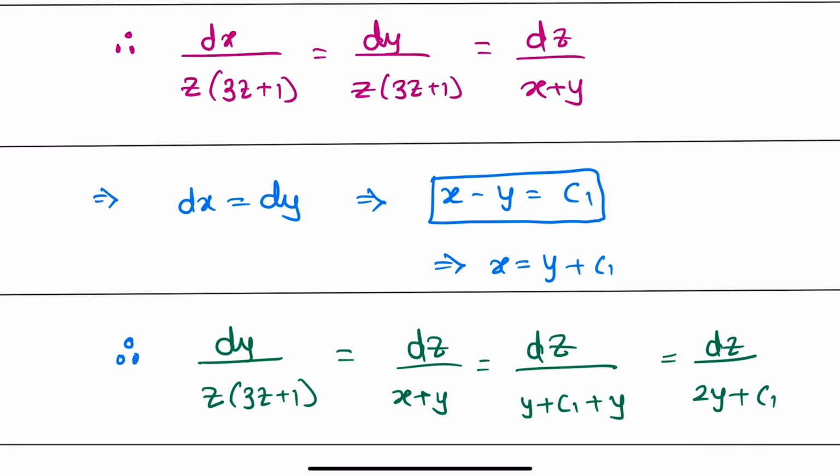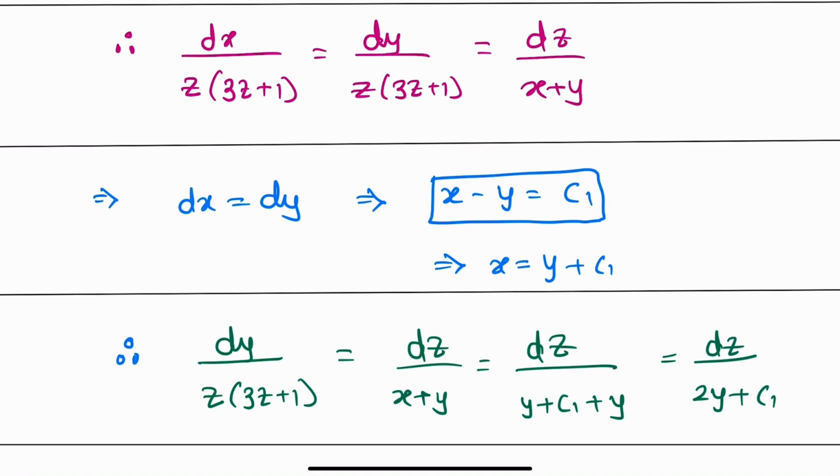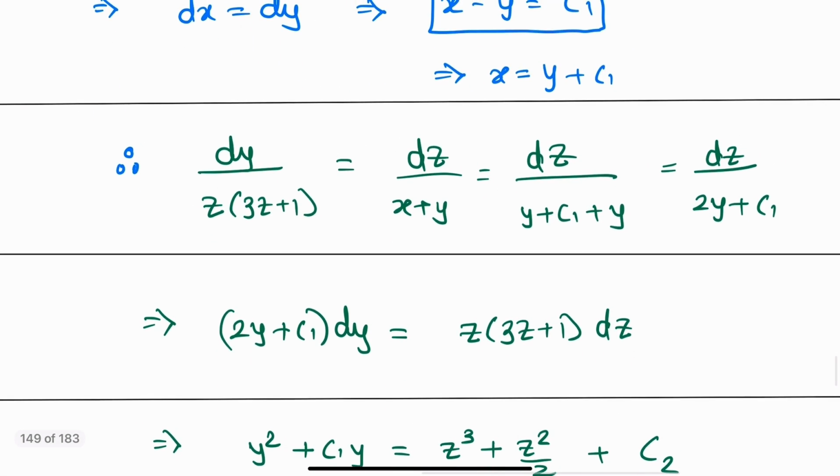So basically, what we are trying to do is this: all the terms here are in the form of z, but here we had an x term. We try to eliminate that x term so that all the terms are in terms of y, and once we take these two ratios, we can integrate them without worrying about the unknown x.